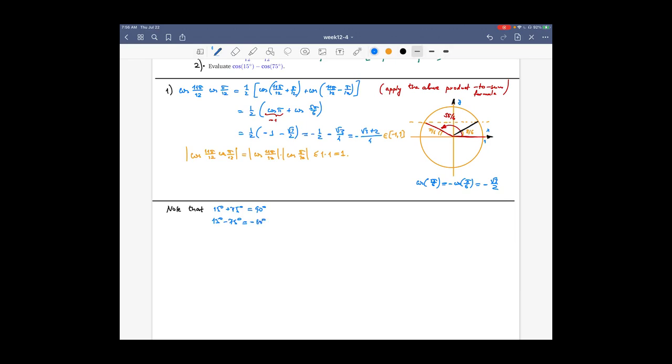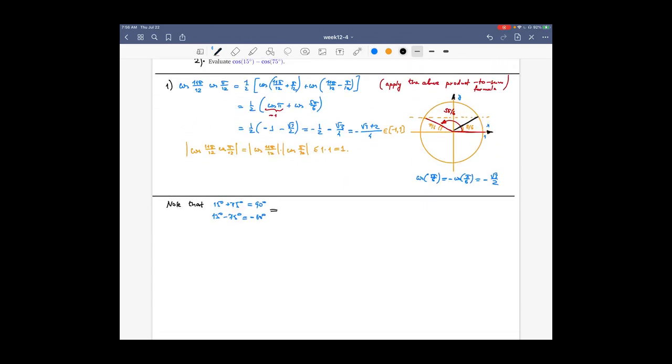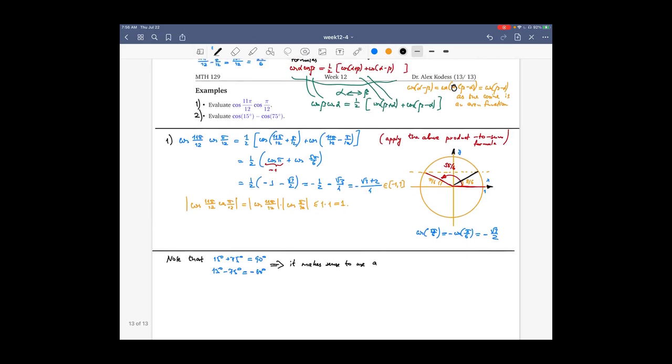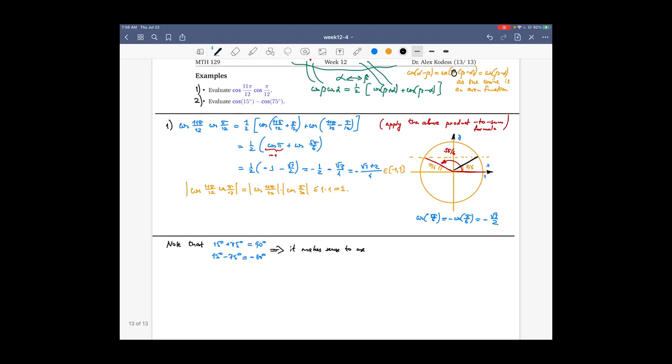So it will be very convenient to transform this difference to a product. It makes sense to use one of the sum to product formulas.